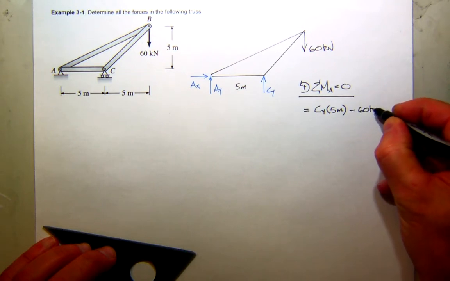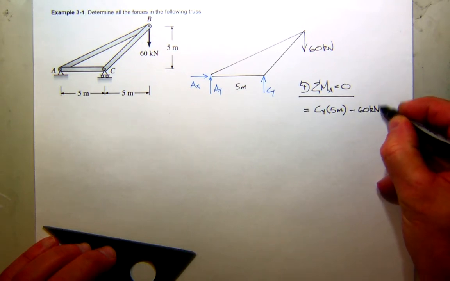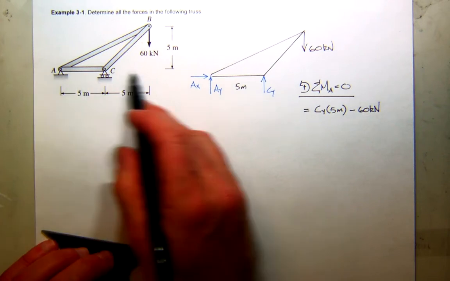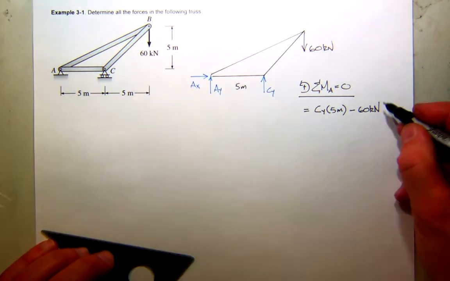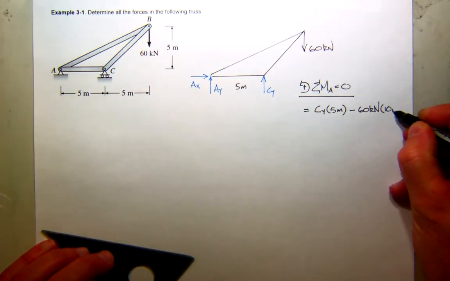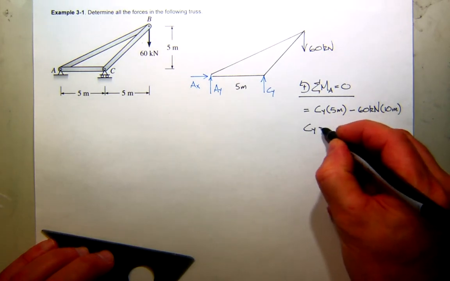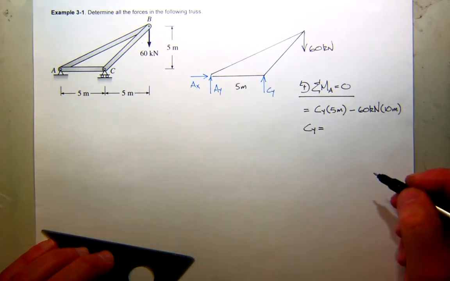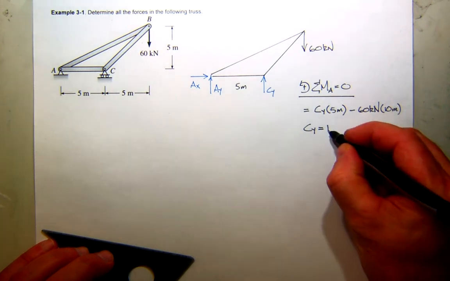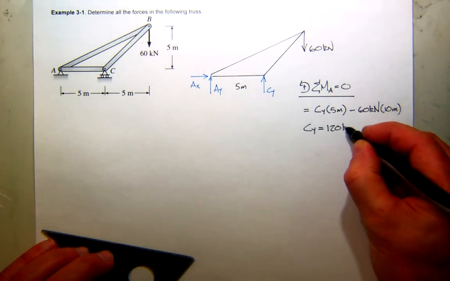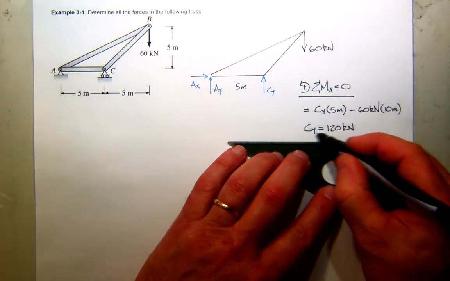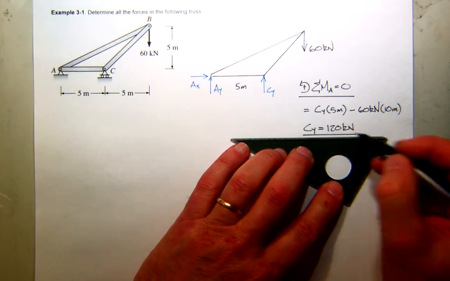So that's a force of 60 kilonewtons, and the distance from A to C is 10. That's pretty easy to solve for. CY is going to be 120. And it came out positive. So I did assume the right direction for CY.